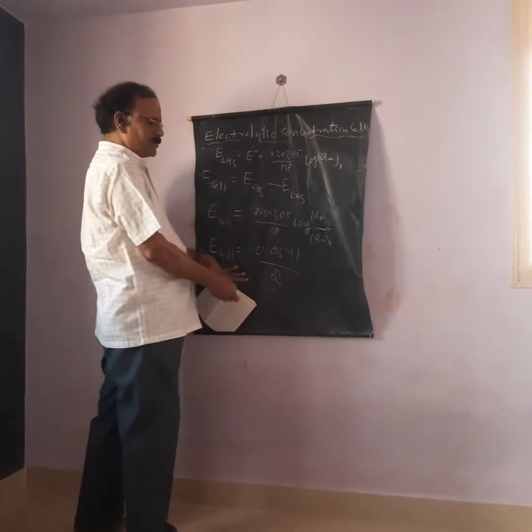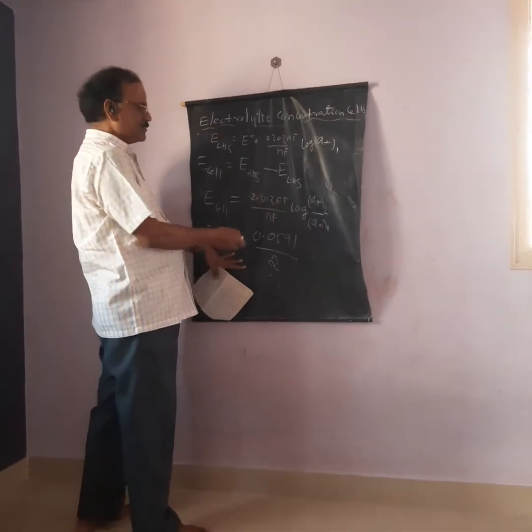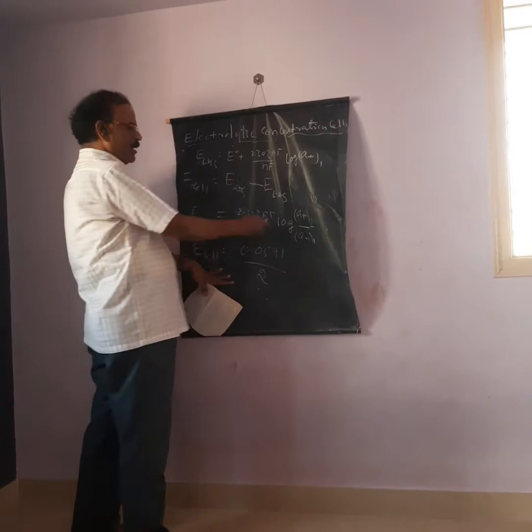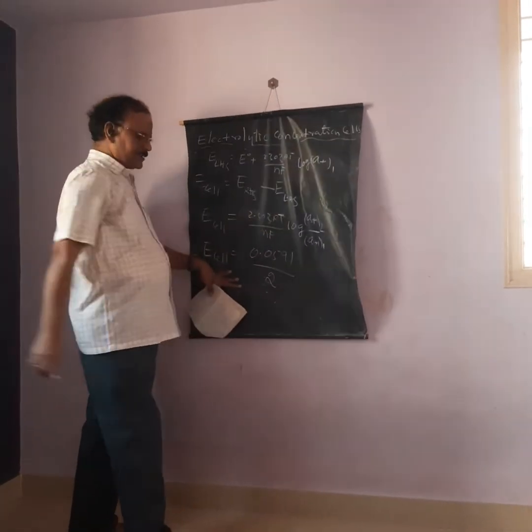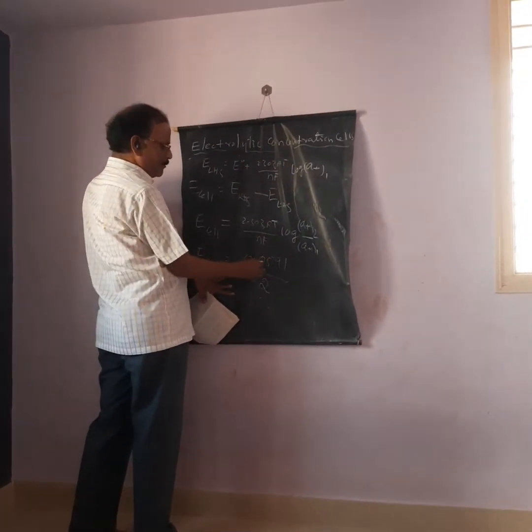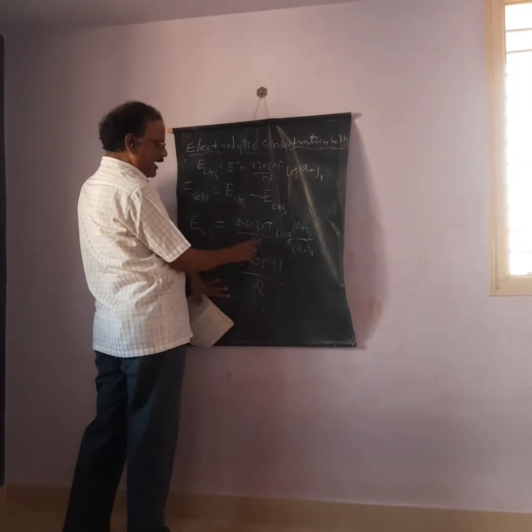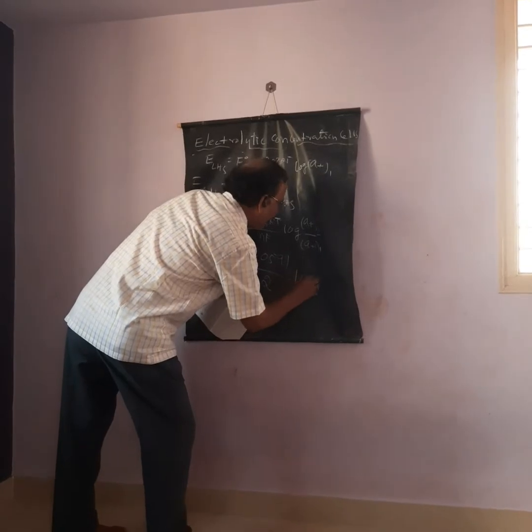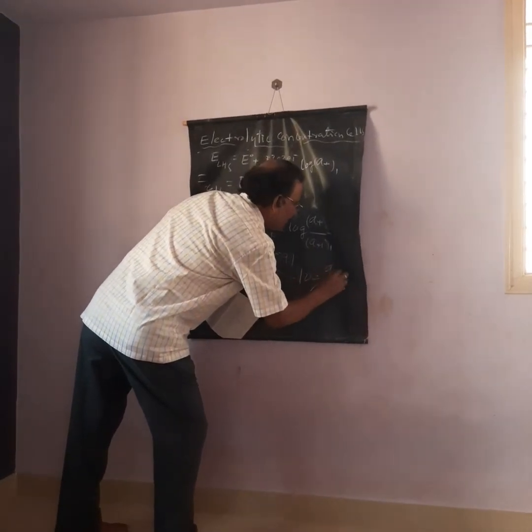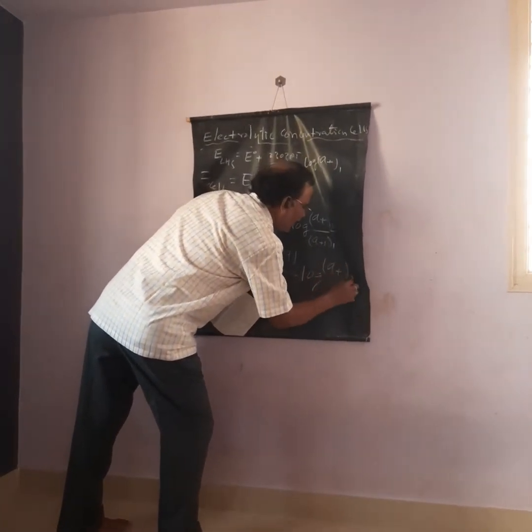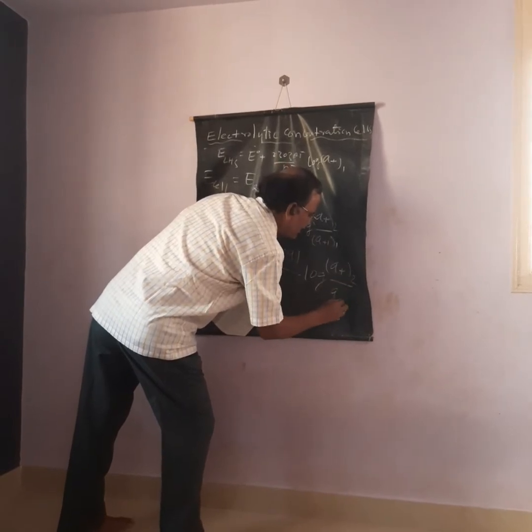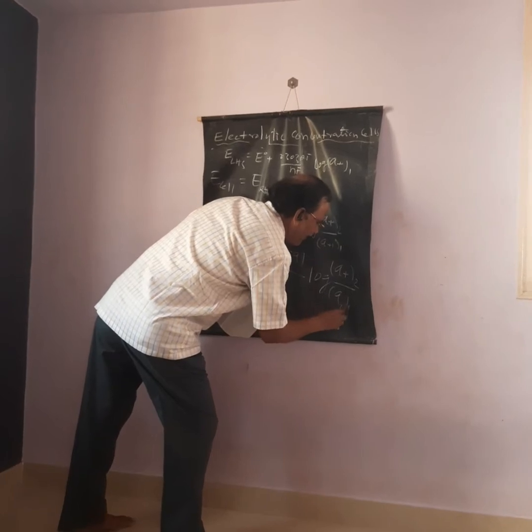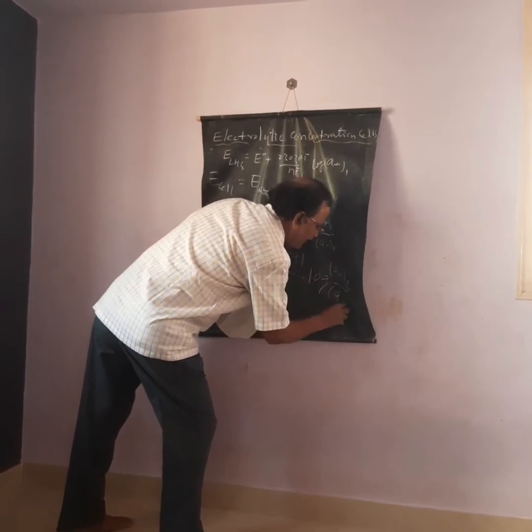F is 96,500, R is the gas constant 8.314 joules per Kelvin per mole, and T is the temperature in degrees centigrade. Then the whole thing becomes 0.0591 divided by n, the number of electrons involved, which is 2, into the logarithm of A2+ divided by A1+.